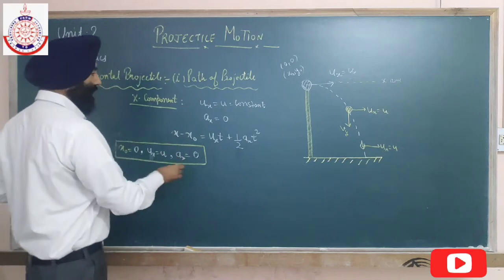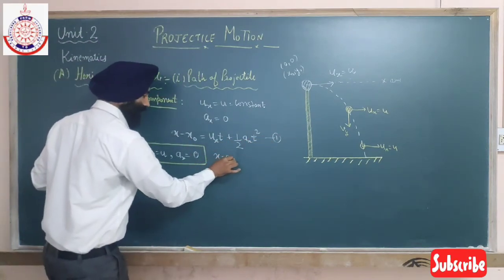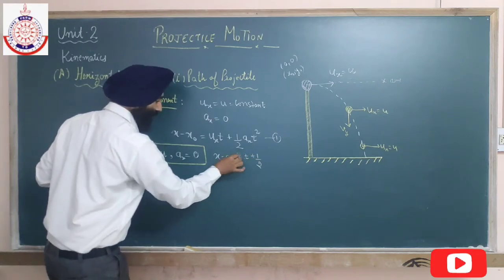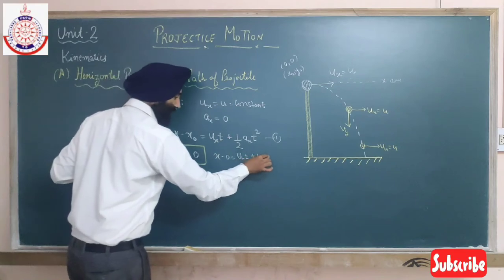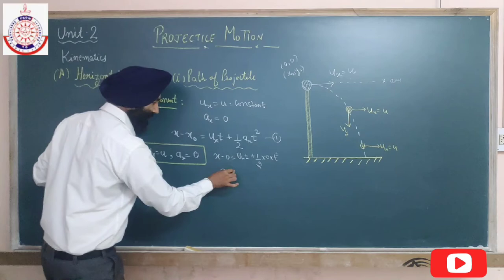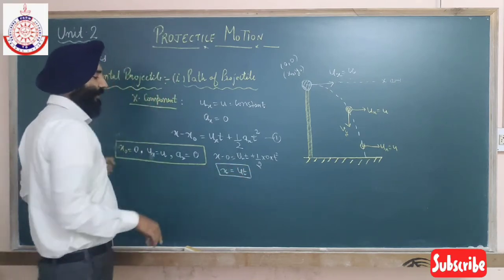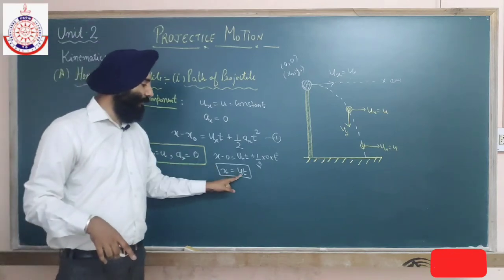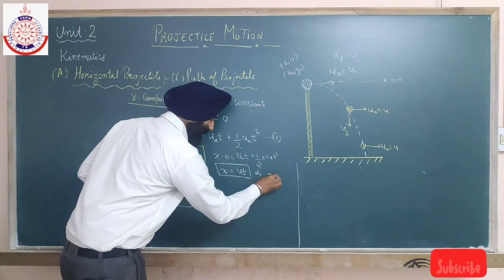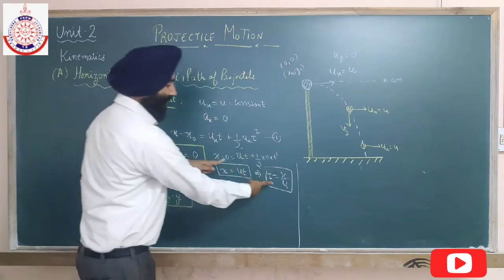Now implement all these values in equation number 1. So it becomes x minus 0 equals u multiplied by t plus half multiplied by 0 multiplied by t square. The value of ax is 0. So x is equal to ut only. So this is the equation in which I find the value of x in terms of u and t, or we can say that from this equation I conclude that t equals x upon u. So from the x-axis I calculated the value of t.